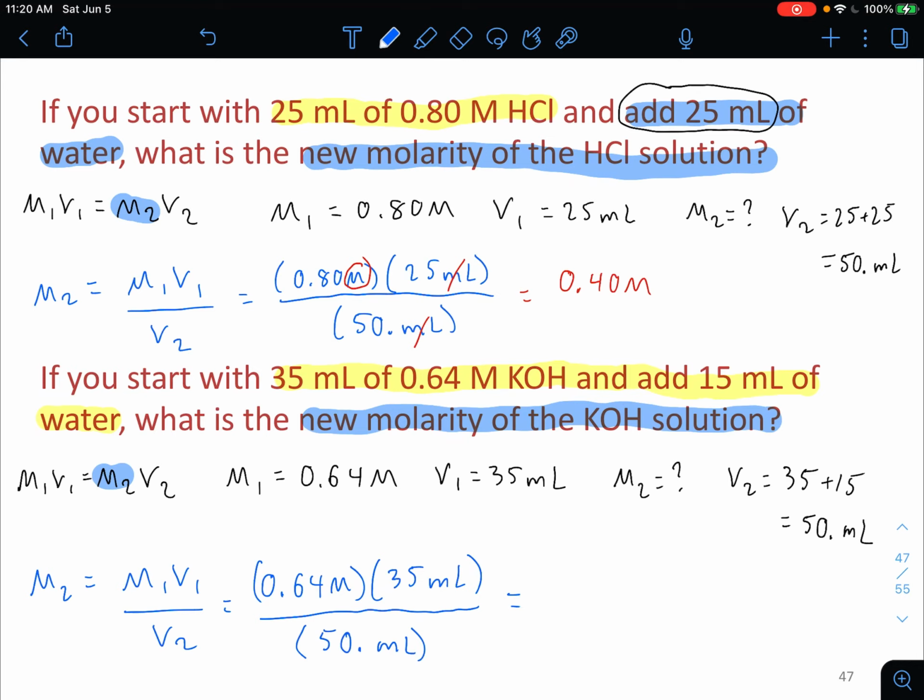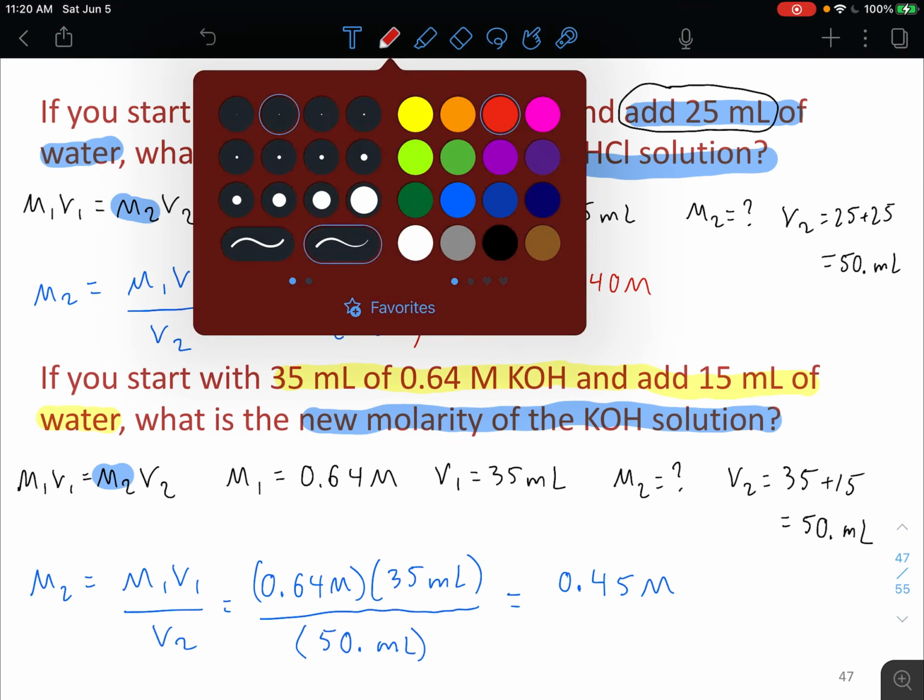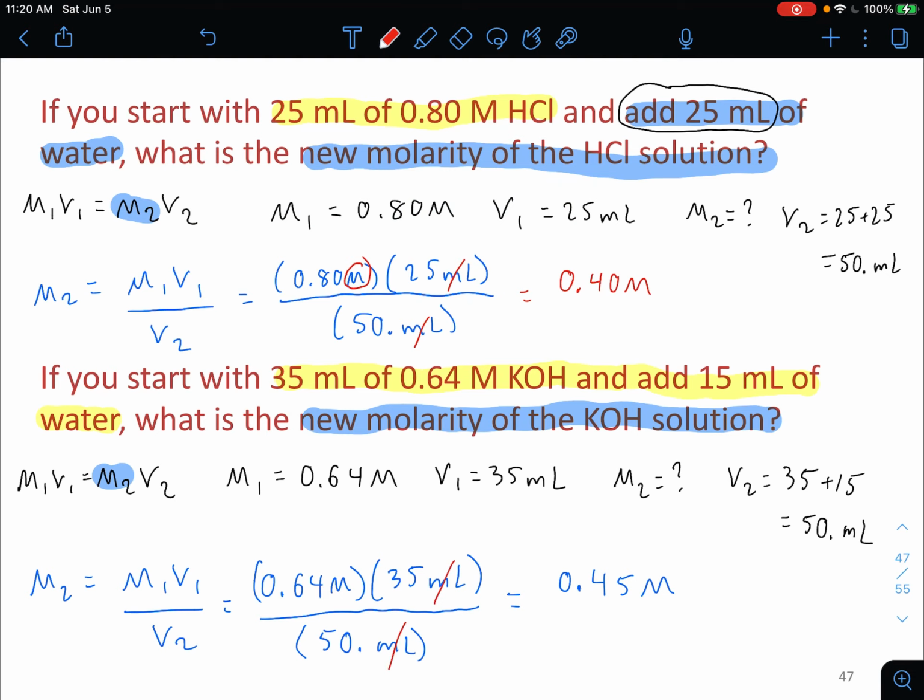Okay, 0.64 times 35 divided by 50. We'll call it 0.45 molar. And again, we can visualize that it all makes sense because milliliters cancel milliliters, and we're left with molarity as our final answer.